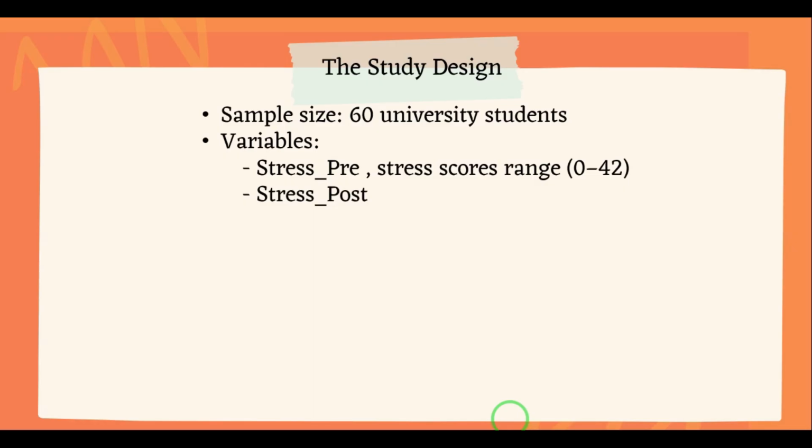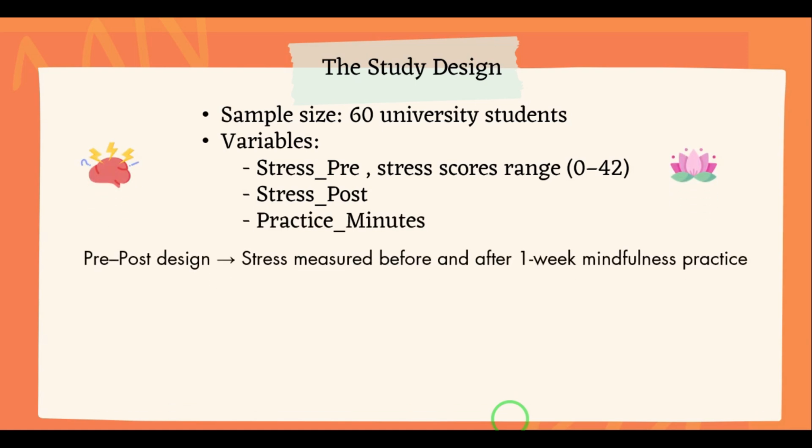So our key variables are stress pre, which is pre-intervention stress score, stress post, which is post-intervention stress score, practice minutes, total minutes of mindfulness practice, and stress reduction, which is calculated by stress pre minus stress post.